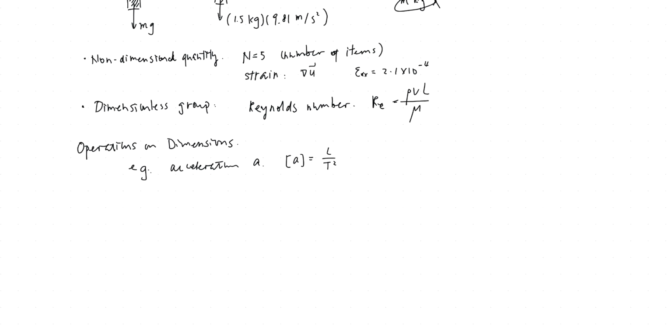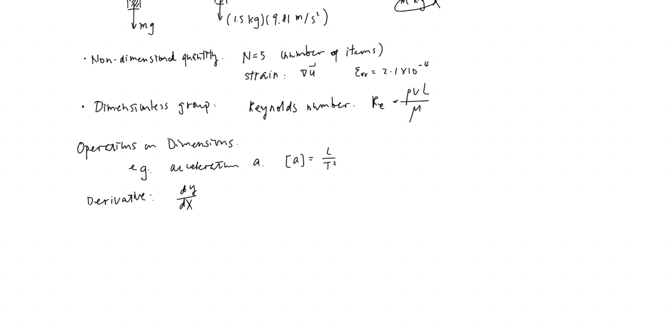So let's say you have a derivative, for example, dy/dx. How do we figure out the dimension of dy/dx? If you know the dimensions of y and x, y can be displacement, x can be time. I'm just using generic symbols.